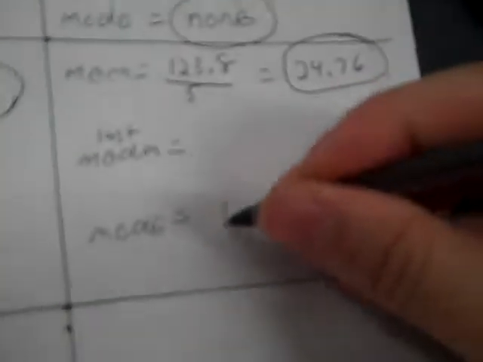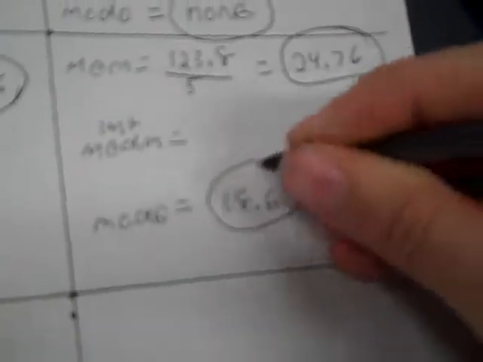Okay, now the mode, the number that appears, so I have an 18.6 here, and I have an 18.6 here. And all of these just appear once. They're all different. So the mode I know is 18.6.